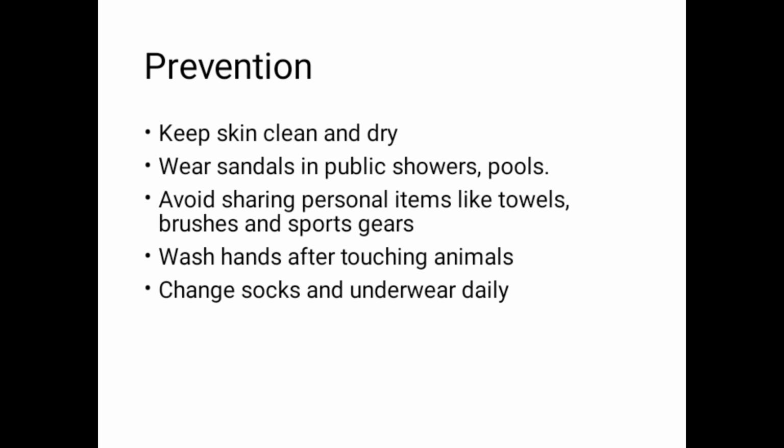The next one is change socks and underwear daily. That is for athlete's foot, the one that affects the foot. You make sure you change your socks. But it's sad that many Nigerians don't change their underwear. We will try. I pray God will provide, but even those that have the money still don't change it. But try, it is a means of hygiene, changing of underwear.